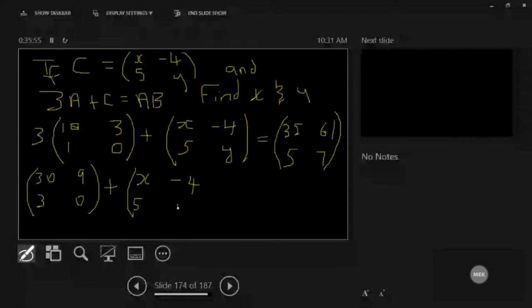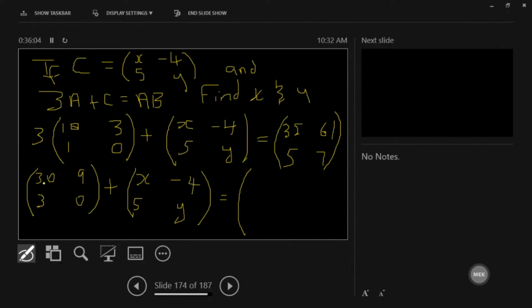So this part gives us 30 plus x. And then 9 minus 4, which is 5.